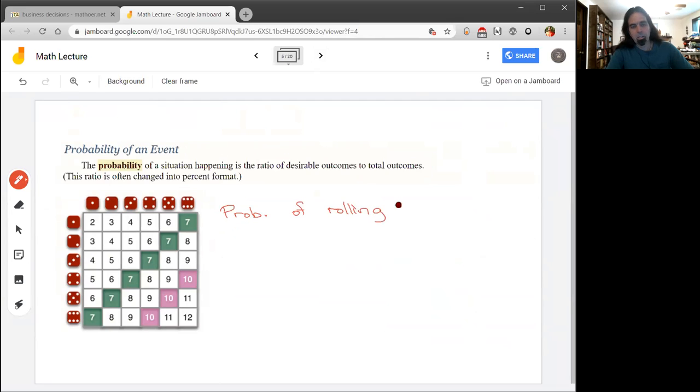If you add up 2 dice and roll a 10, so 3 ways you can get a 10. There's still 6 times 6 is 36 ways total.